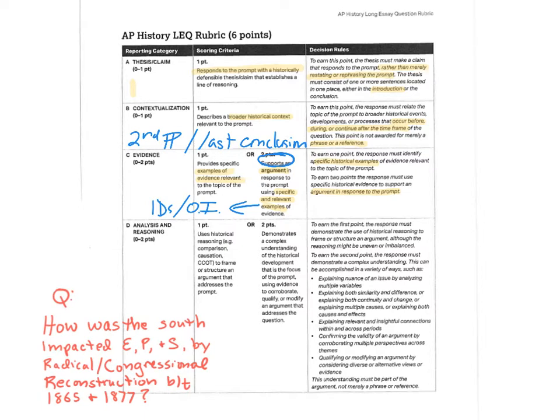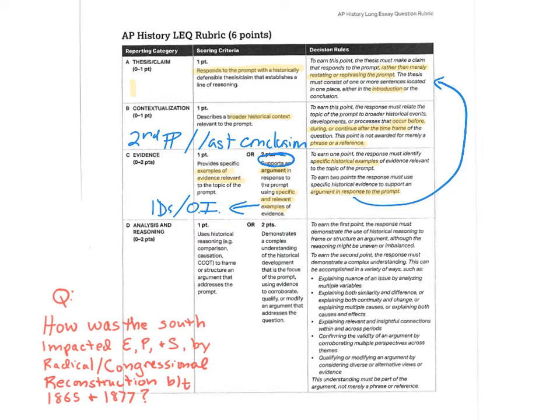So really, they just don't want to see you throwing out random stuff trying to get the point. It's got to go back to the thesis, and you should begin to introduce at least some of this outside information even in that earlier thesis paragraph.